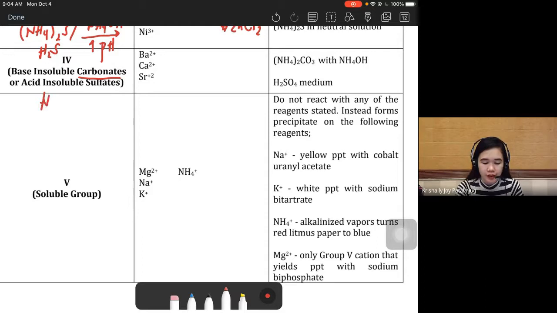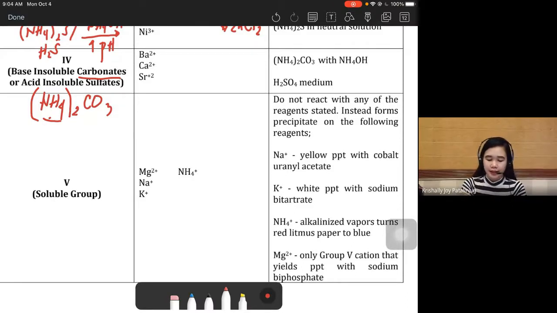That is the very common precipitating agent where these 3 ions react, in a basic environment. And lastly, the remaining soluble group includes magnesium, sodium, potassium, and ammonium ion.